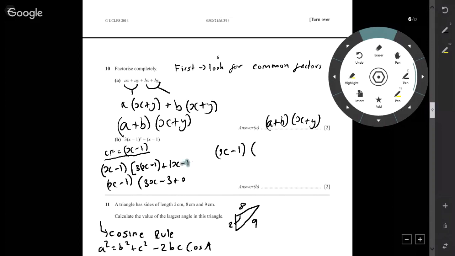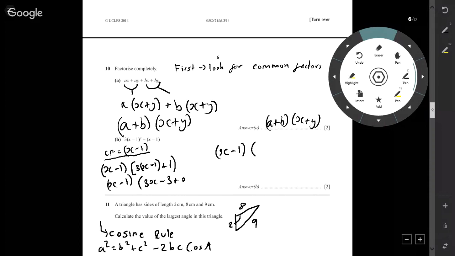So here we simply just have the 1. And then that makes the original equation, as we times this by this and this by this, makes the original equation, if you can see that.